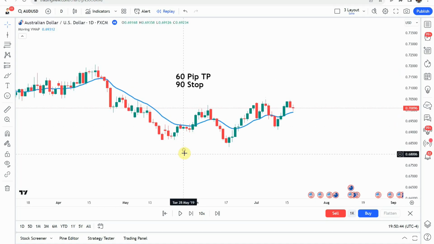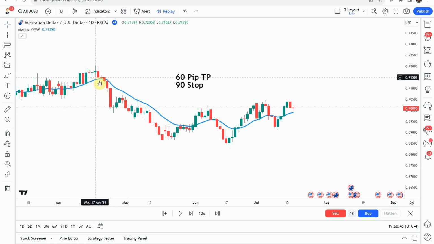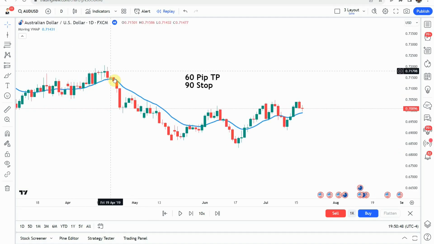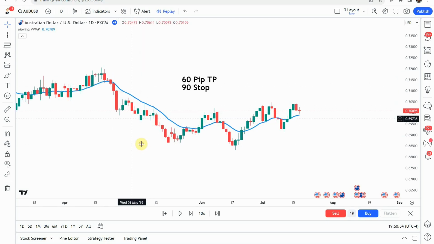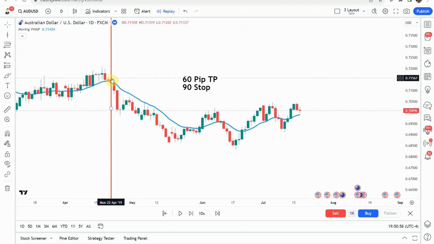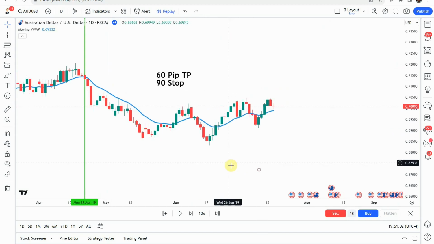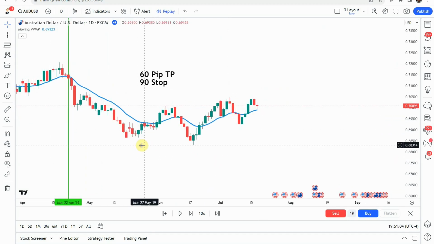And so, for example, when we get a break to the downside like we do right here, price action is above, comes down, breaks down to the downside of that VWAP line there. And you can see that we make a really nice push to the downside there, which would have gotten us to our take profit.